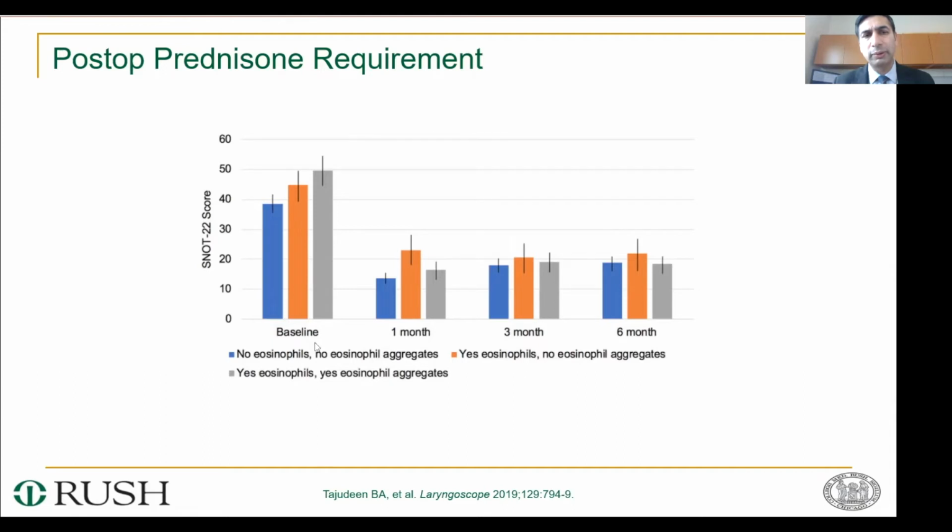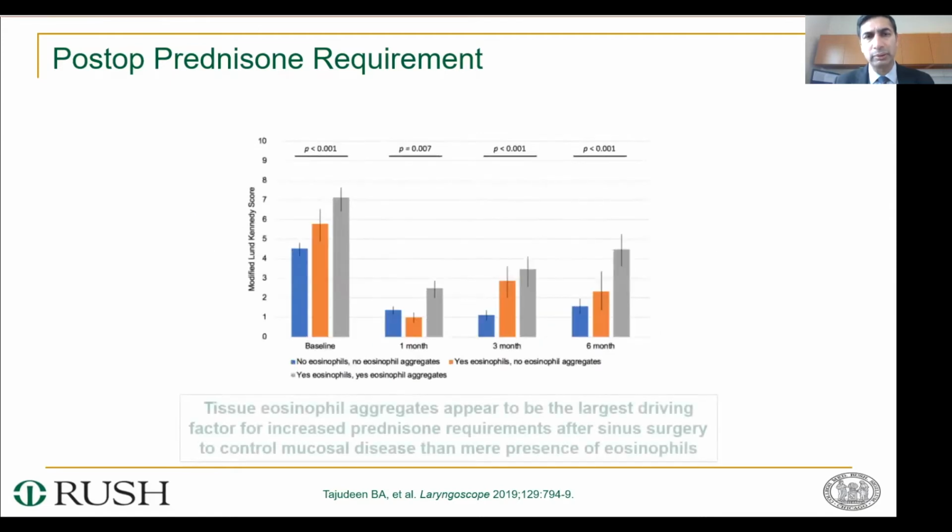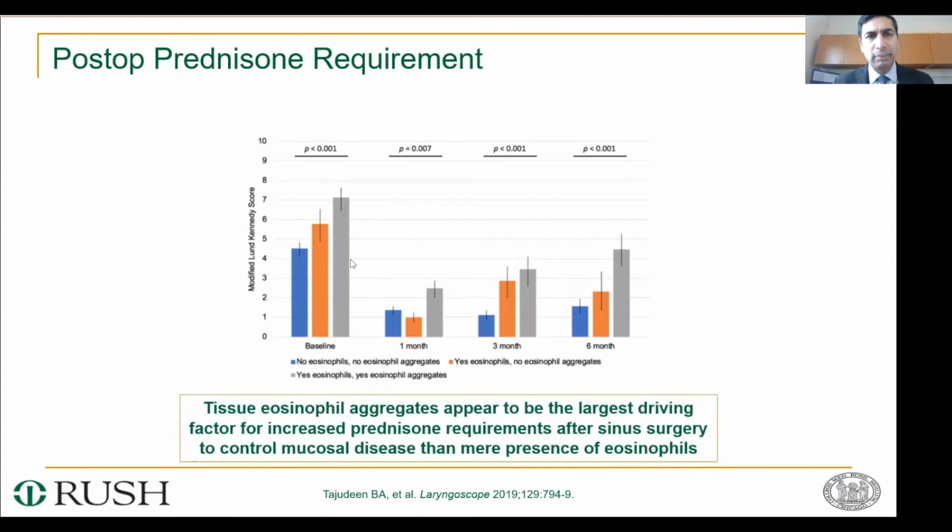So you can see here the SNOT-22 scores at baseline. The 3 bars represent, the blue is no eosinophils, no eosinophil aggregates. The orange is yes eosinophils, but no eosinophil aggregates, and the gray represents yes eosinophils and yes eosinophil aggregates. And you can see post-op, the SNOT-22 scores improved in all 3 categories. And here you see the modified Lund-Kennedy scores, again improving in all 3 groups, still higher for the patients that have eosinophilia and eosinophil aggregates.